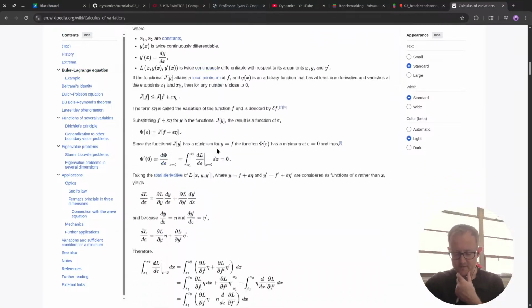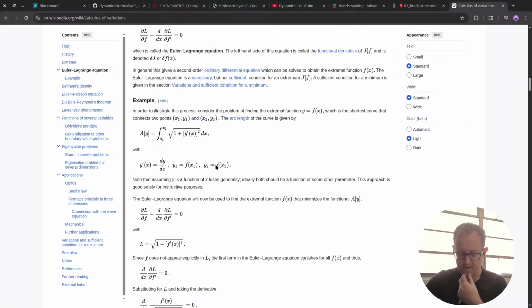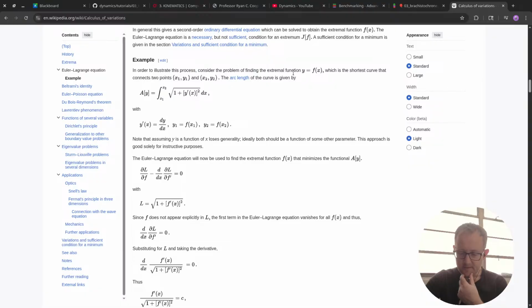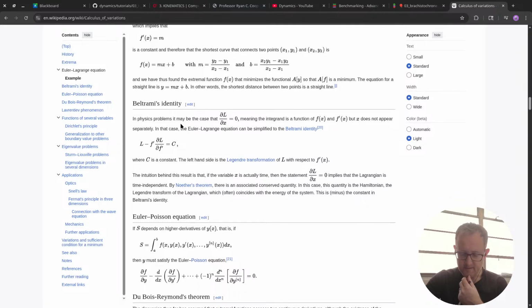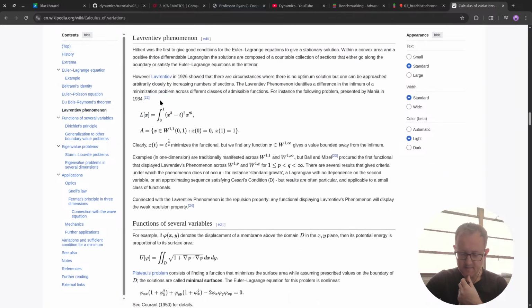And I was trying to see if there's a quick shortcut where we can see the shortest curve. Shortest curve is a good one. Beltrami's identity.